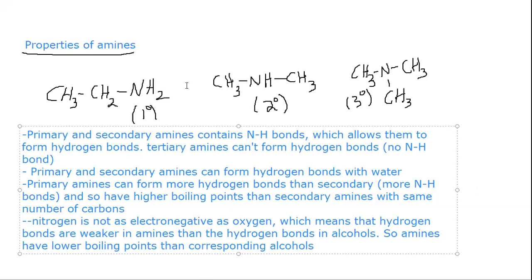Clearly, you guys can see from examples on the top, NH bonds, but tertiary doesn't have any NH bond. Tertiary has only nitrogen carbon bonds. That's one of the reasons why tertiary amine cannot form hydrogen bonds. So because of these NH bonds, when you dissolve primary and secondary, they can even form hydrogen bonds with water.